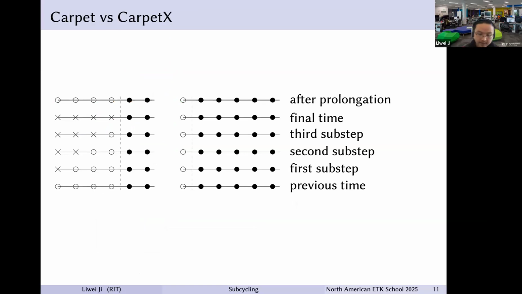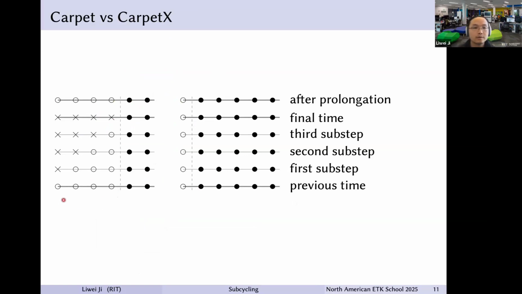So here's a comparison between the 2 methods, the old CarpetX and the new CarpetX. The black points represent the interior points, and the circles represent the buffer zones or ghost zones. As you can see, the buffer zone will be 4 times larger for the old subcycling implementation compared to the new version.